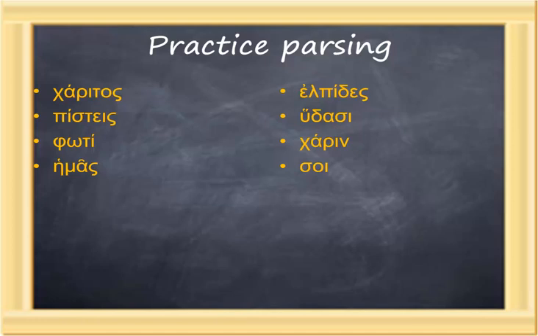As we are now getting to the end of the lesson, let's practice some parsing of forms that we've already seen. Charitos. Notice the omicron sigma at the end of the word. So it would be genitive, singular, and from charis, which is feminine. The second form, pisteis, might be a bit confusing until you recall that the epsilon, which ends the stem, actually stands in for consonantal iota.